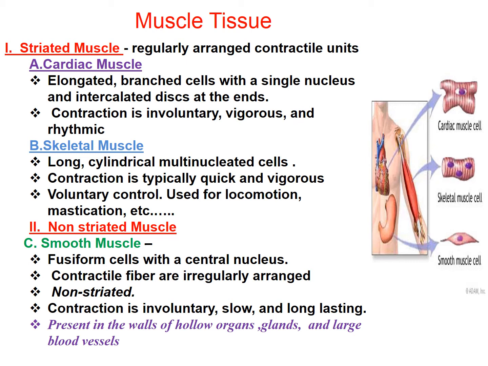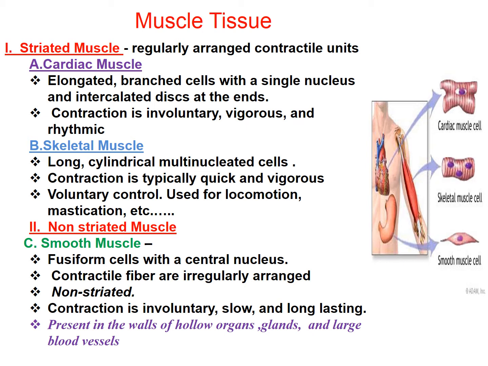Non-striated muscle is only one type, smooth muscle. We will see it, inshallah, in the smooth muscle lecture. Its contractile units are not arranged in a regular manner, so smooth muscle is not striated.